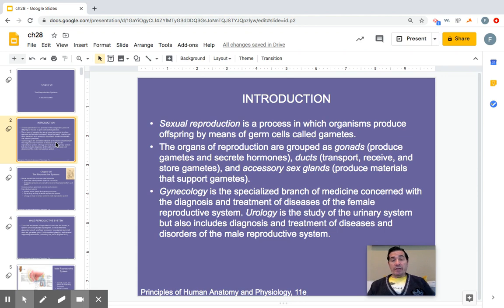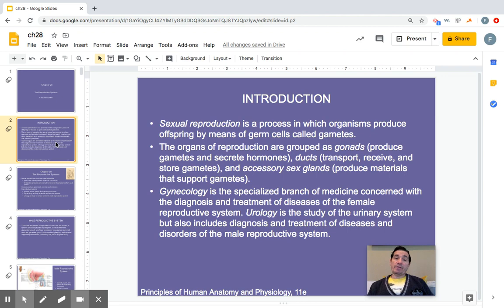Now, one of the things you need to think about is that you have to look at these structures. When we produce the structures, they are analogous. Gonads from both are developed from the same methodology and the same cell structures as an embryo or a fetus.